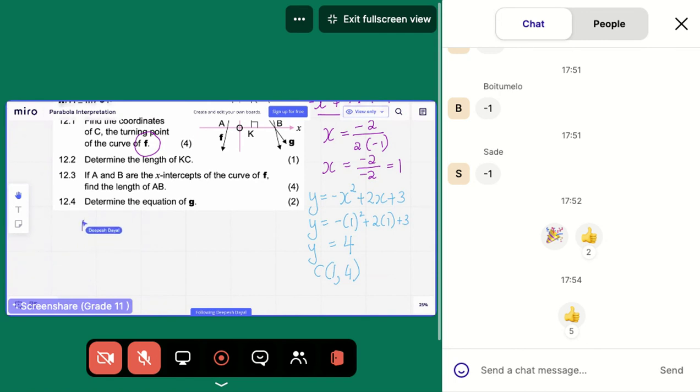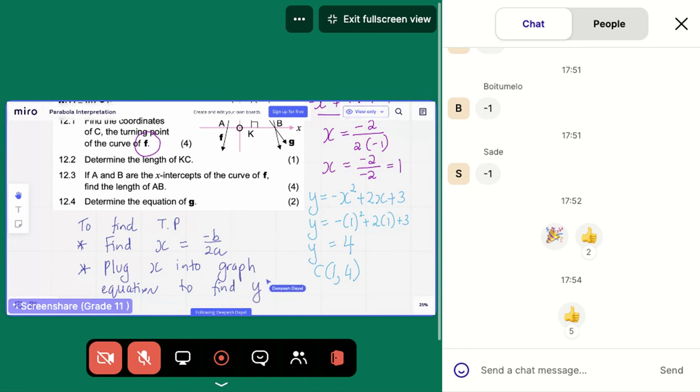To find the turning point, t.p., first thing we do is find x, where x equals minus b over 2a, and then you plug x into the graph equation to find y. Are we all in the same place?